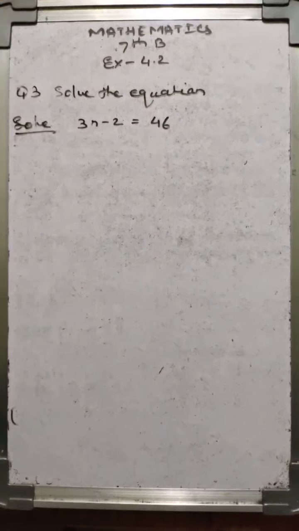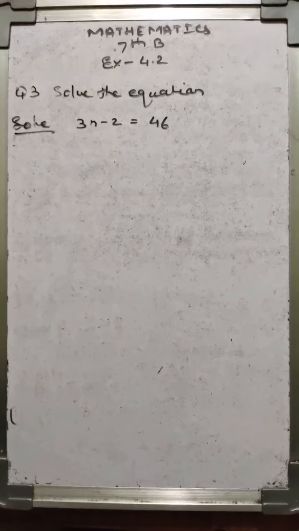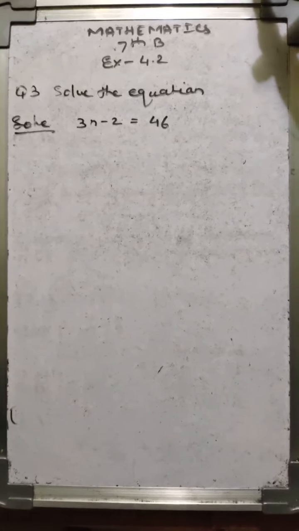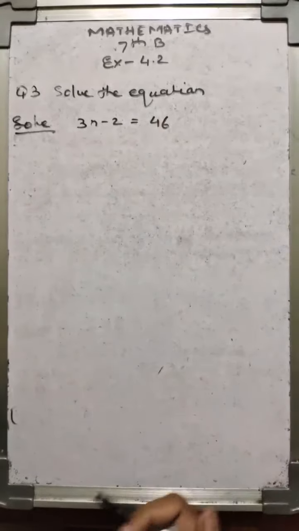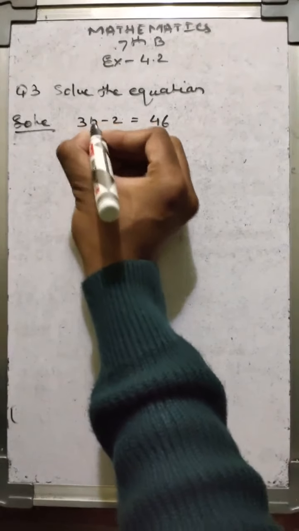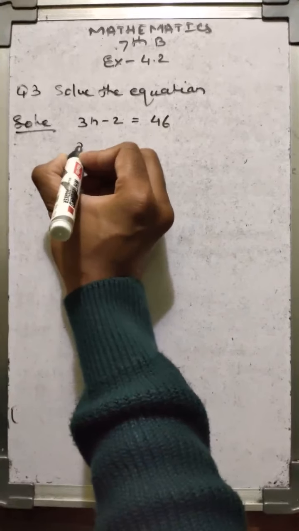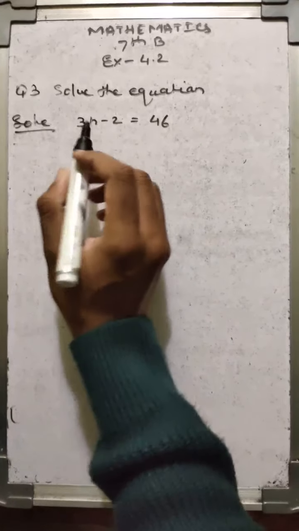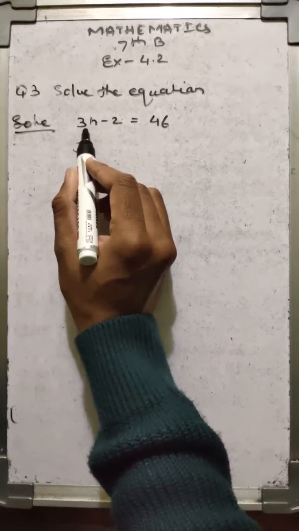Okay, this is the third question, and this is also similar. You have to find out the value of the variable, or solve the equation. You have to separate this n, but before separating n, do not directly separate 3 or n.